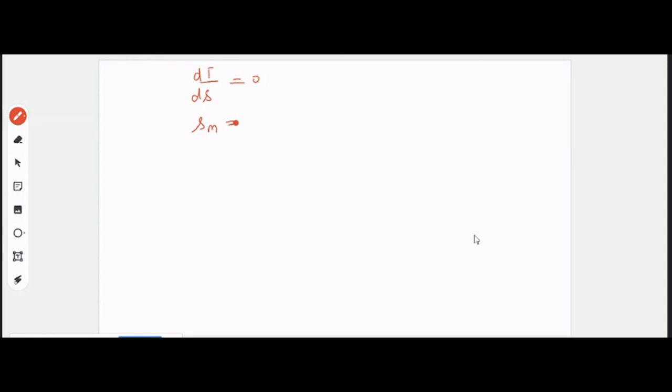The value of that slip will be equal to plus minus Rr dash divided by the square root of Rs square plus (Xs plus Xr dash) whole square. Okay? And if you put this value of Sm, you will get the value of maximum torque also.